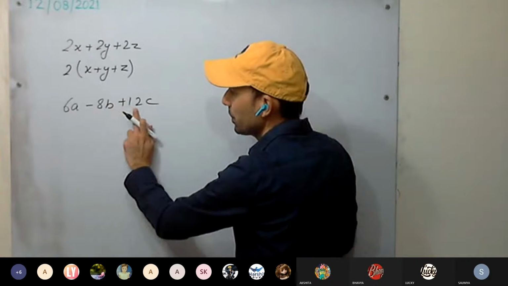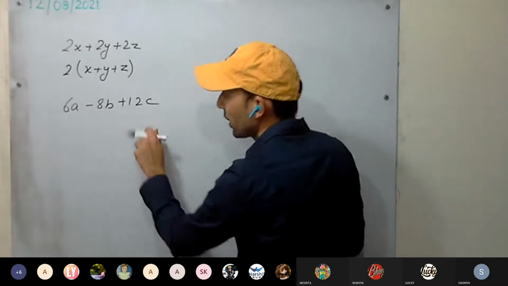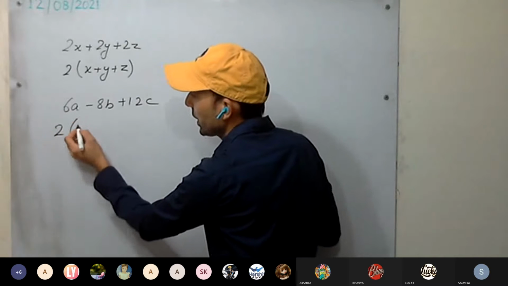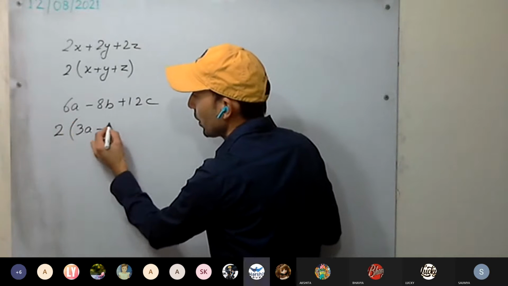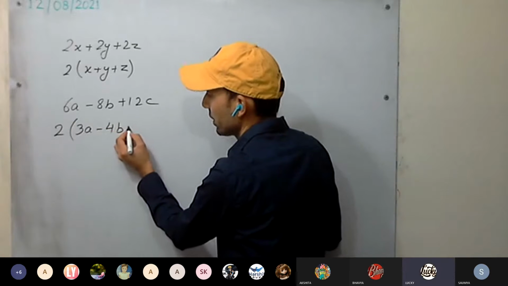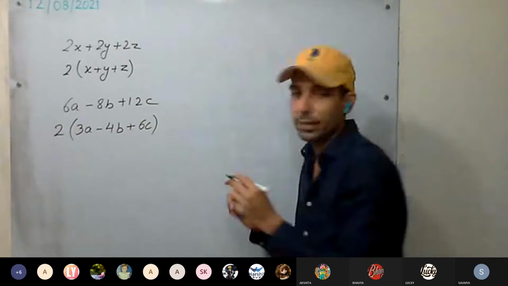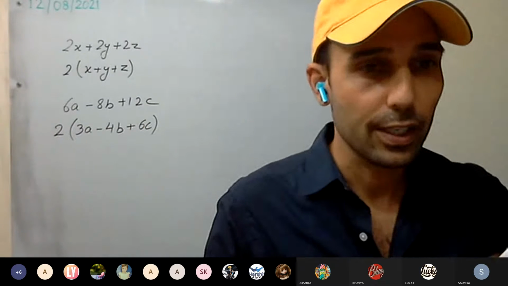What will be common between them? Take the highest common factor out. 2 will be the common factor. So what will remain here? 3a minus 4b plus 6c, okay?